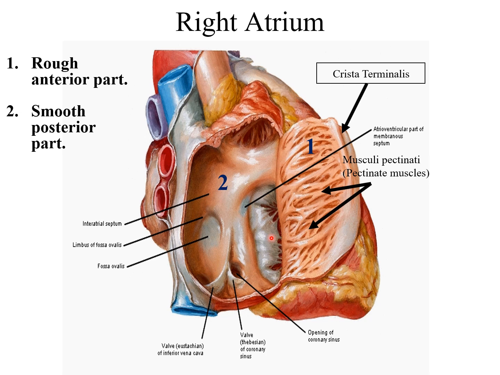So another opening is there for the blood which passes from right atrium to right ventricle, and this is known as right atrioventricular opening, with the tricuspid valve or right atrioventricular valve, which we are going to talk about in a minute.